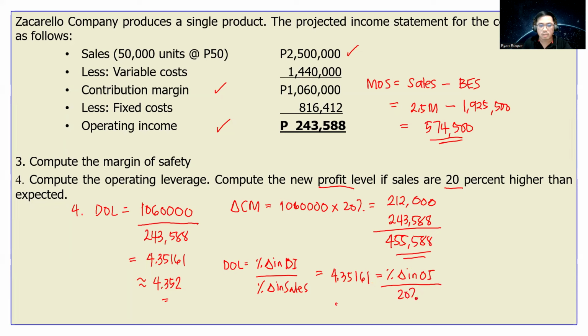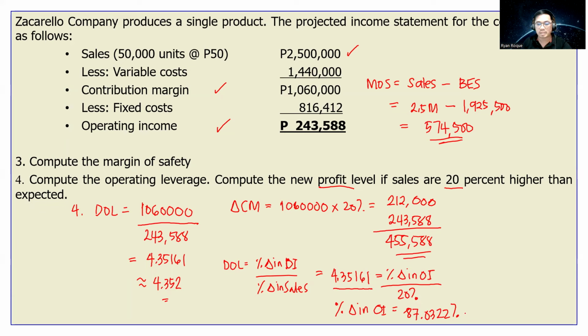Now, to compute the percent change in operating income, that is simply 4.35161 times 20%. That would give you 87.0322%. Okay, so let's use more decimal places to avoid differences due to rounding off.